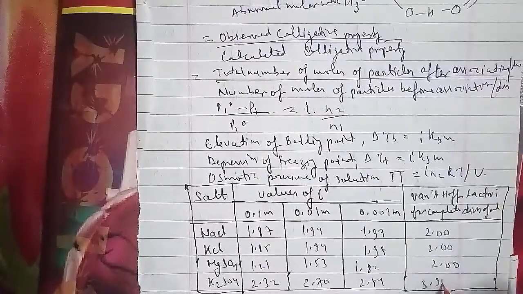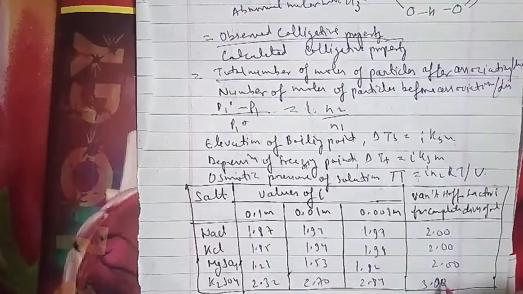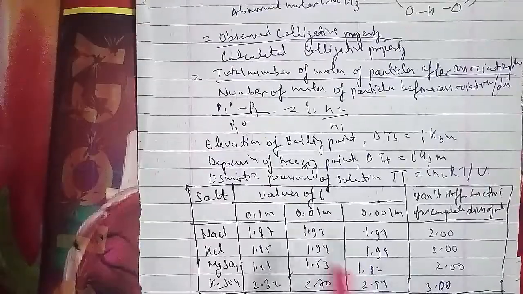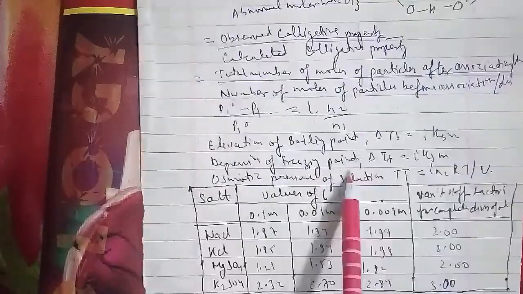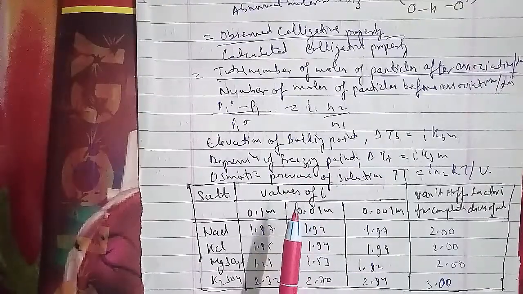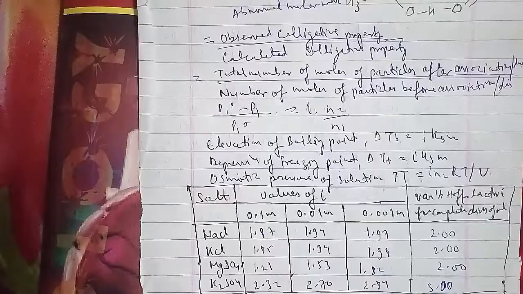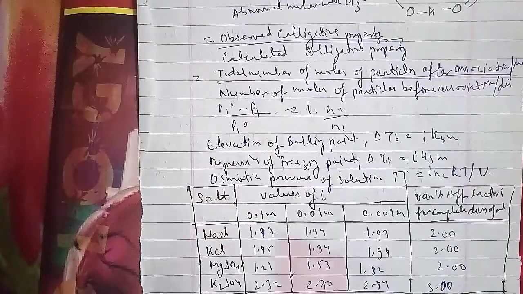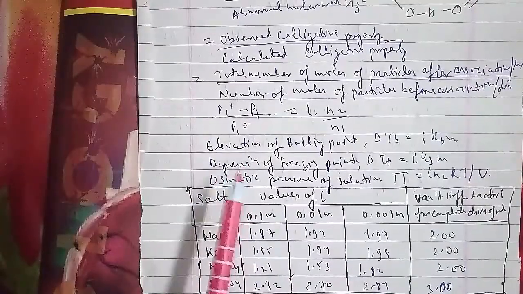Molar depression constant for benzene is 4.9 K kg mol inverse.